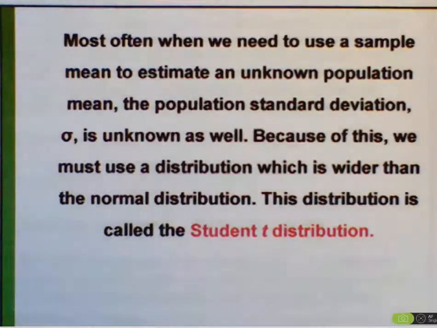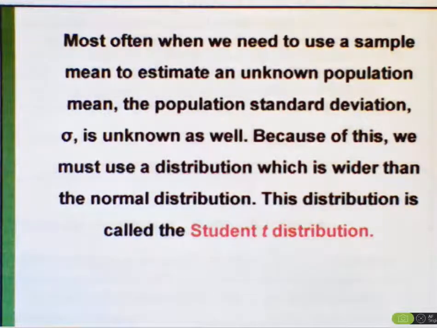Most often when we need to use a sample mean to estimate an unknown population mean, the population standard deviation is unknown as well. Because we don't know the population standard deviation, we have to use a distribution which is wider than the normal distribution.